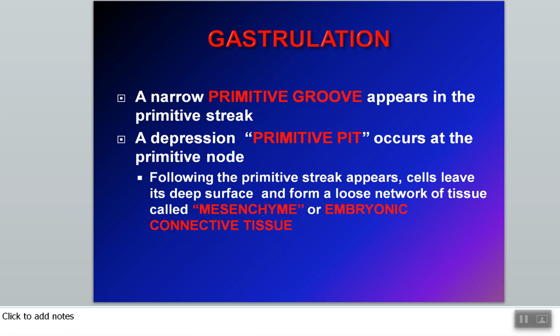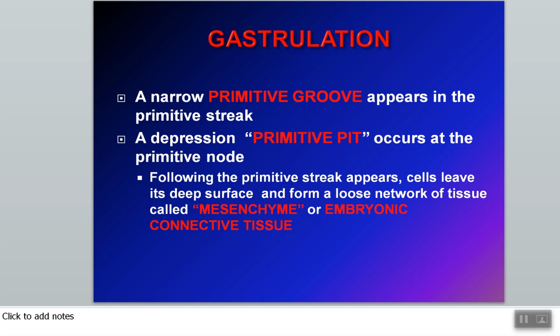Here I want to tell you about one point: the loose network of tissue called mesenchyme, or embryonic connective tissue, that appears following the formation of the primitive streak. Usually in embryology, when we talk about mesenchyme, it means embryonic connective tissue.